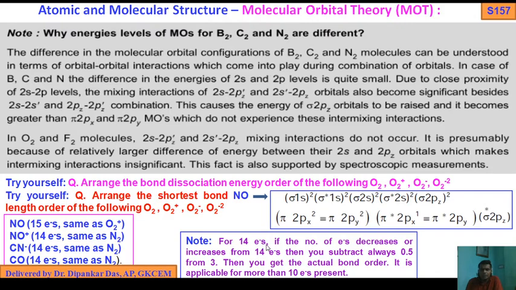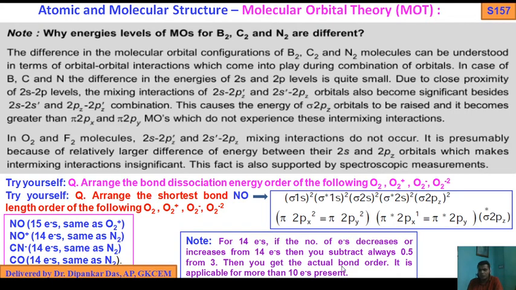For a 14 electron system, if the number of electrons decreases or increases from 14 electrons, then you always subtract 0.5 from 3.